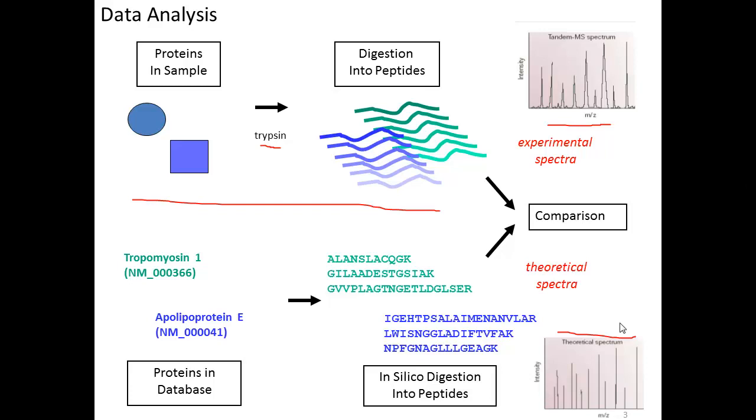The goal is to see which of these 200,000 spectra match the experimental spectra the best, and if so, is it good enough to be considered likely to be real? That is, is the match above a certain threshold? And a very simple way of calculating the similarity between these theoretical and real experimental spectra is to simply perform a correlation between them.